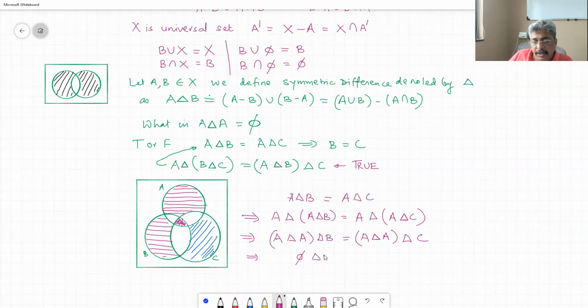Empty delta B is equal to empty delta C, and empty delta B is equal to B, and empty delta C is equal to C. So the statement is true.